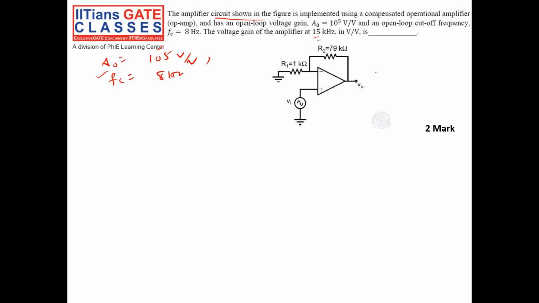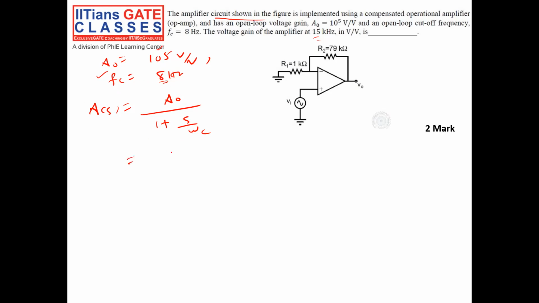First, the open loop transfer function. The open loop gain transfer function A(s) is equal to A0 by 1 plus s by omega C. Here the gain is 10 power 5 and FC is 8 hertz.